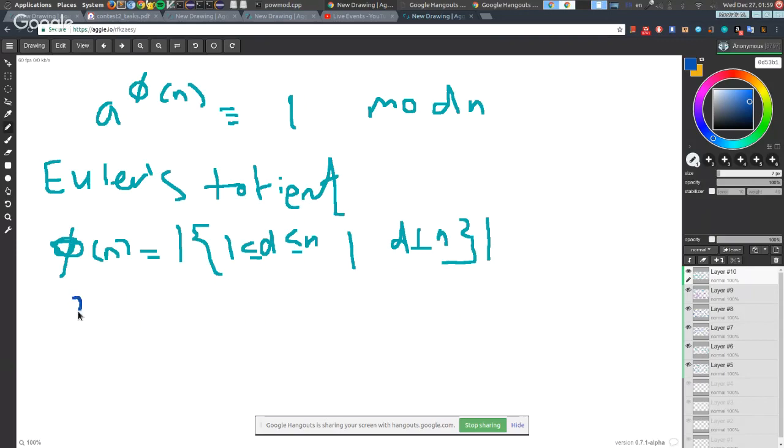For example, phi of 2 is equal to 1, and phi of 1 is also 1. If the number itself is coprime with itself, then it's also counted, but that only happens when n is equal to 1. If n is equal to 9, we have 1, 2, 4, 5, 7 and 8, so we have 6 numbers.